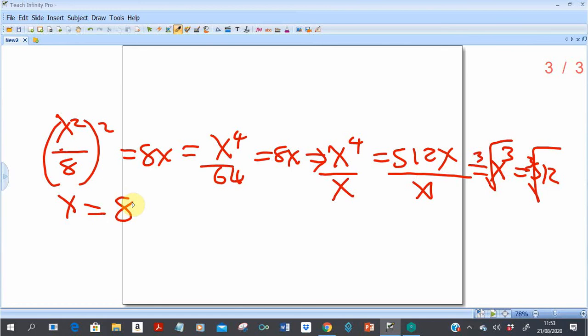But there is also another solution for this equation, which is x is 0. Because in the equation, you are told that y squared is equal to 8x. So when you put x at 0, y will also be 0. So this also forms a part of the solutions.